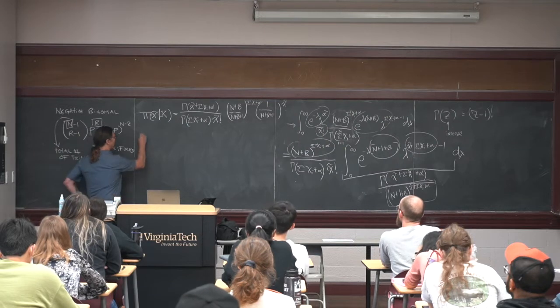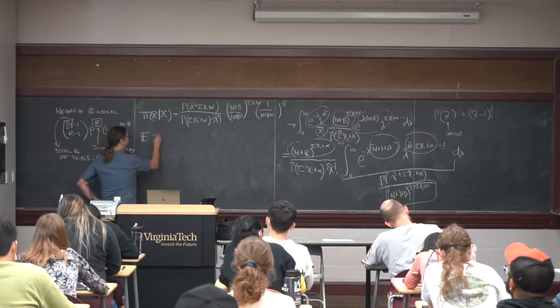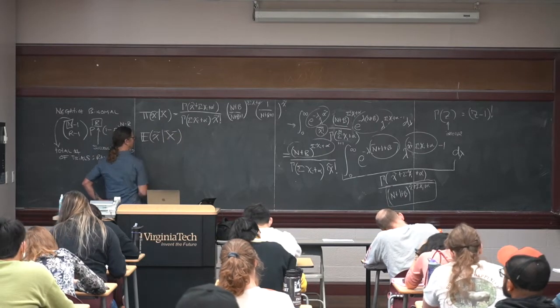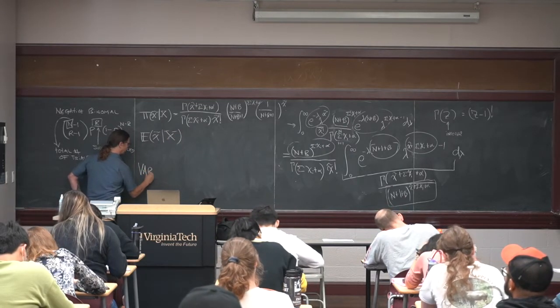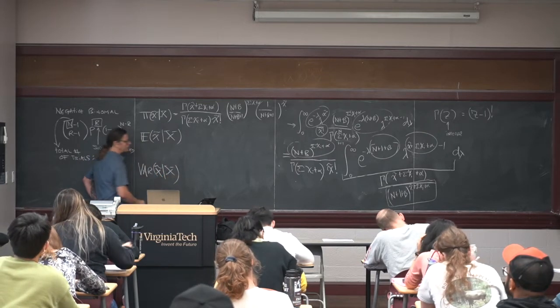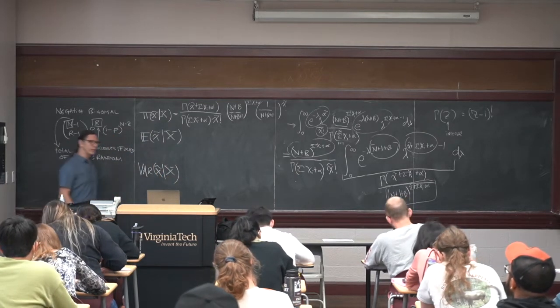So we want the expectation of x tilde given x, and similarly, we want the variability of that thing. We'll just apply our iterated forms.